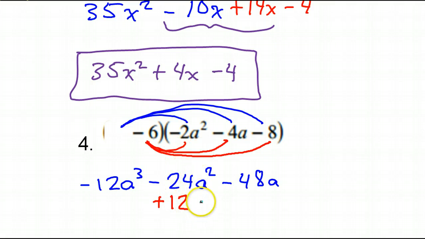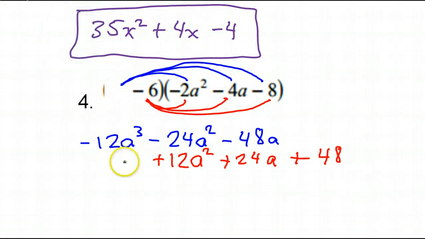So it'll be very helpful if I write that underneath the other a squared term. Now, negative 6 times negative 4a. Again, negative times negative is a positive. So that'll be a positive 24a. So we'll line it up with this term. And then negative 6 times negative 8. A negative times a negative is a positive. So this will be positive 48.